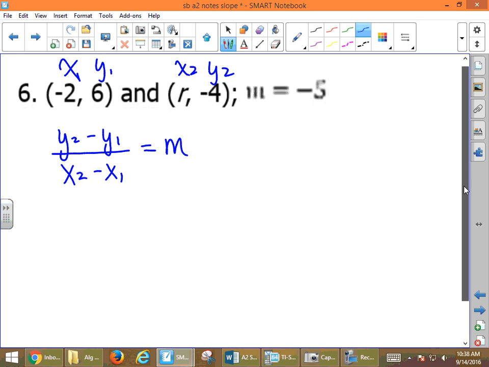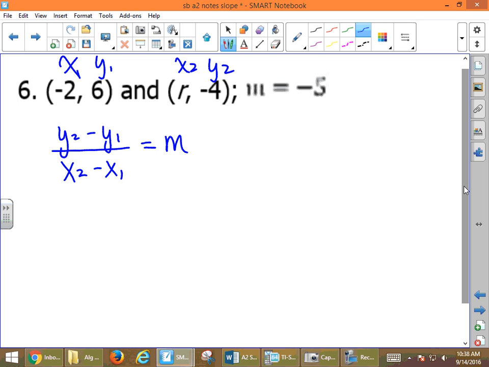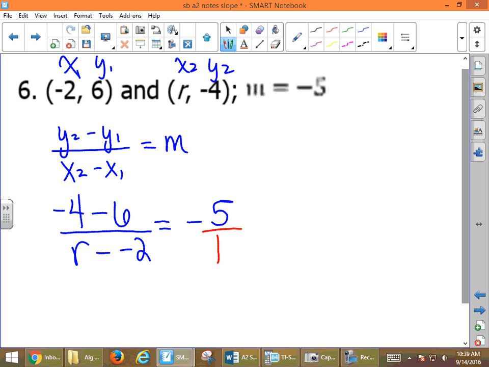So when we fill these values in, we get negative 4 minus 6, y2 minus y1, over x2 minus x1. There's that r again. That's the value that we need to find, minus negative 2 equals m, which is negative 5.